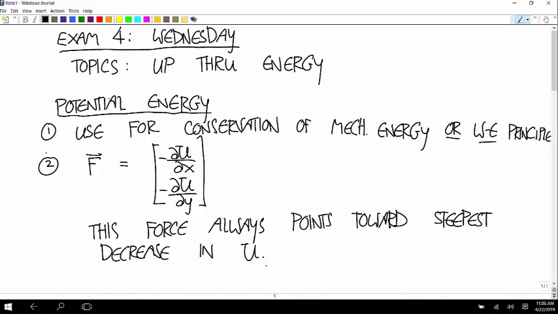And the force vector straight down points in the direction that the object has to move to decrease potential energy the fastest. There are ways you can decrease the potential energy. If you move the object this way, it decreases. This way, it decreases. But the fastest way to decrease the potential energy is straight down. And so that's the direction that the force points. Okay.